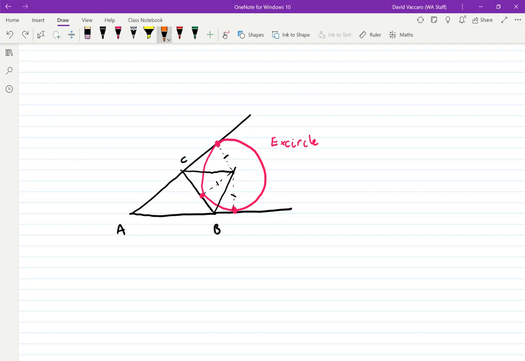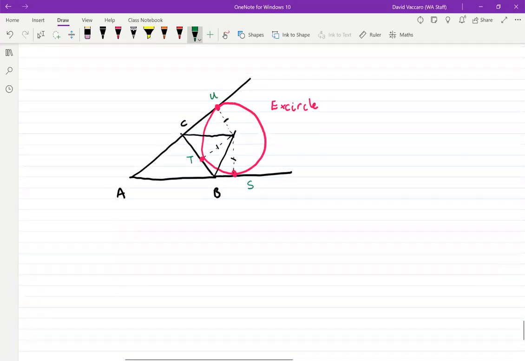Okay, let's now try and do a similar game. So I'm going to call these points, I just need three consecutive letters, I'm going to call them S, T, and U. Okay, so let's try and find these distances.